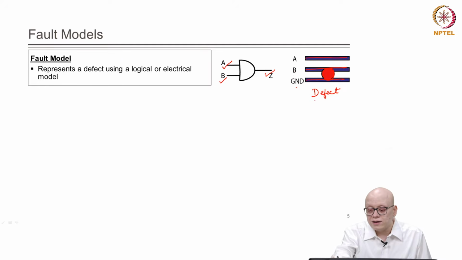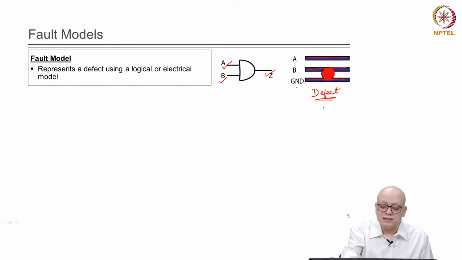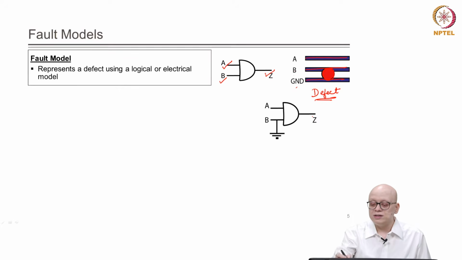So, this defect can be represented using a logical or electrical model, right. That is what the fault model is. How can we represent this defect using a logical or electrical model? We can represent it by saying B line is stuck to the ground line, right. So, we say that B is taking a constant value of 0, because it is shorted to ground.